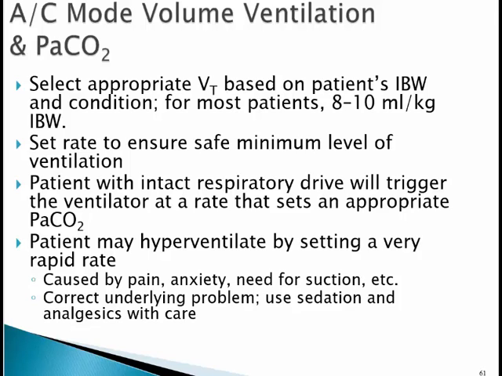Set the rate to ensure a safe minimal level of ventilation. A patient with intact respiratory drive will trigger the ventilator at a rate that sets an appropriate CO2. The patient may hyperventilate by setting a very rapid rate. This may be caused by pain, anxiety, need for suction, etc. Correct the underlying problem. Use sedation and analgesics with care here.